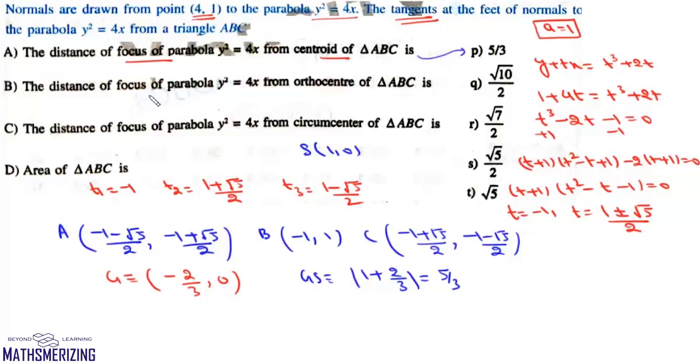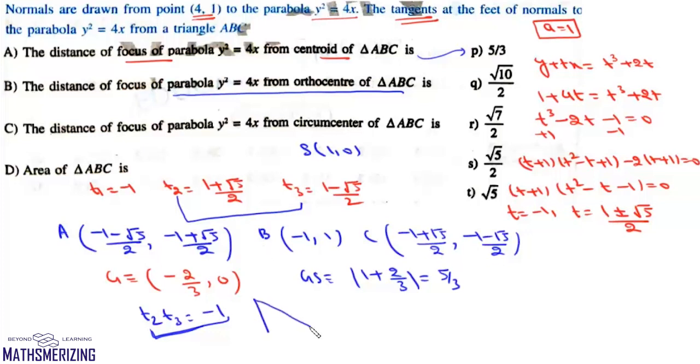Now the second question is the distance of the focus of this parabola from the orthocenter of triangle ABC. Now we look at t2 and t3. If we multiply t2 into t3, we know this value will be minus 1. When t2 into t3 is minus 1, it simply means that these two tangents are perpendicular. So this triangle ABC will be a right angle triangle, and the point of intersection of t2 and t3 is B, which is (minus 1, 1).